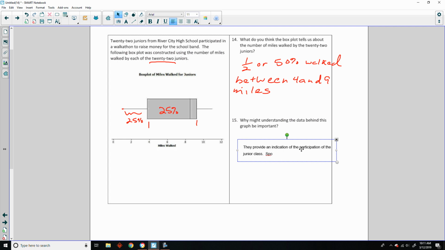Who may be interested in the data? Sponsors of the event may be interested in this. If students aren't going to participate, then a sponsor may not be interested in spending time and money on this event.